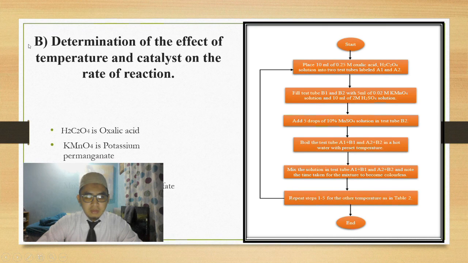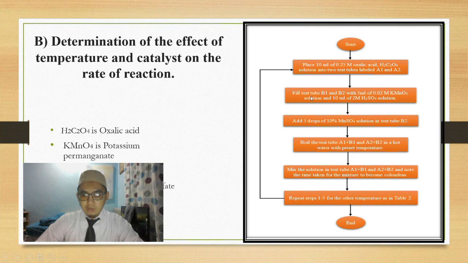For part B, we have determined the effect of temperature and catalyst on the rate of reaction. Here is the flowchart of the experiment. Start by placing 10 ml of oxalic acid solution into the two test tubes which have been labeled test tube A1 and A2.